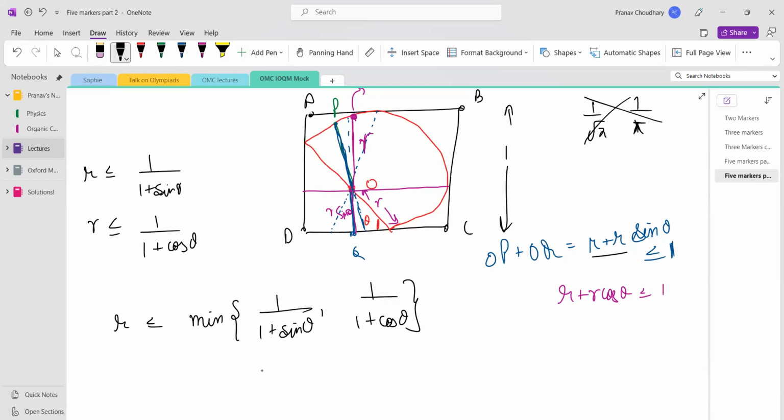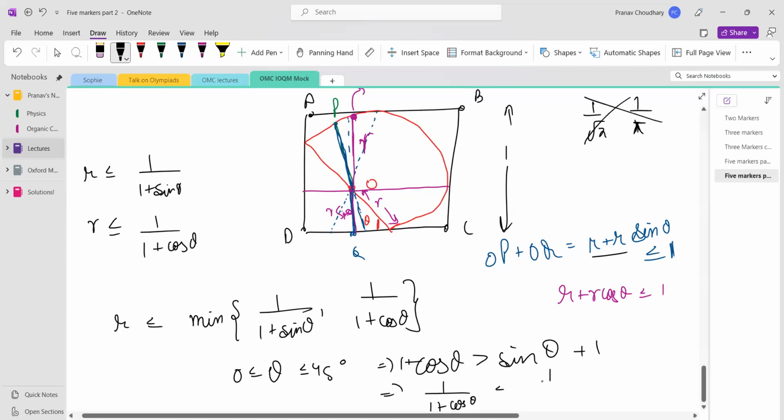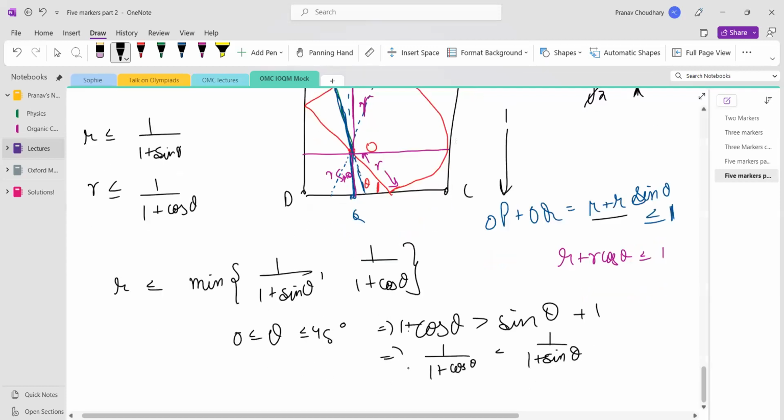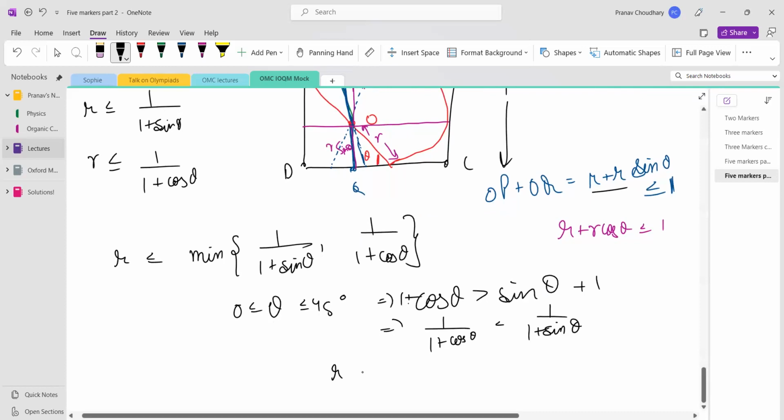When theta is in the range 0 to 45 degrees, we know that cosine theta is greater than sine theta. So 1 plus cosine theta is greater than sine theta plus 1, which means 1 over 1 plus cosine theta is less than 1 over 1 plus sine theta. So this implies R is less than or equal to 1 over 1 plus cosine theta.